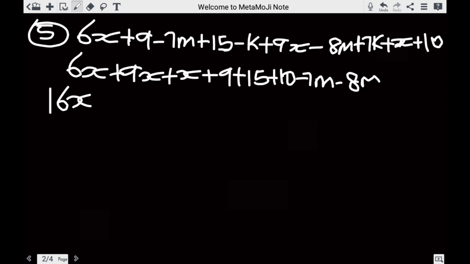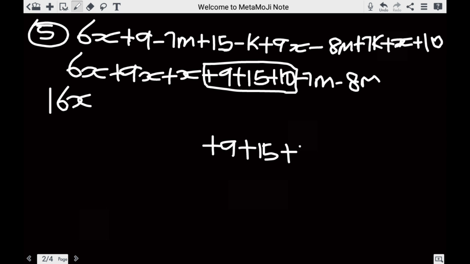So now let's focus on this section where we have numbers only. I'm going to write it out as plus 9 plus 15 plus 10.